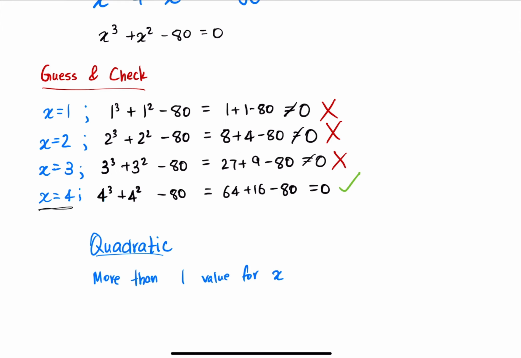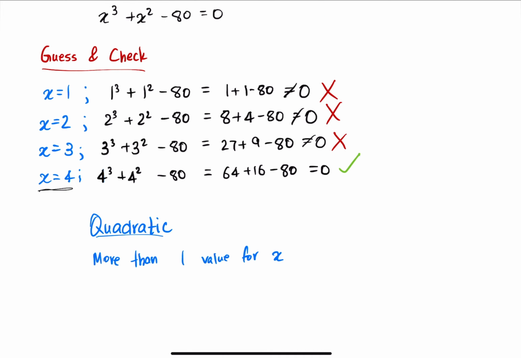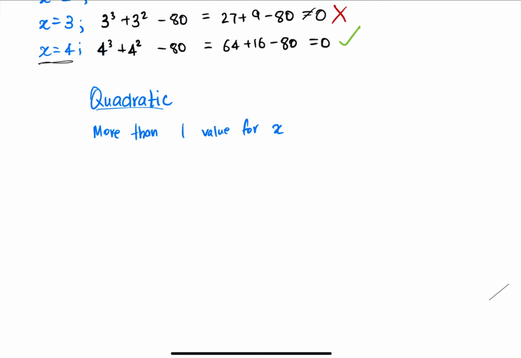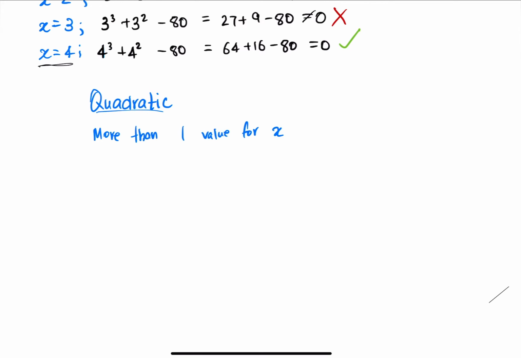What if x is 4 and something else? Well, our equation was x cubed plus x squared minus 80 equals 0.